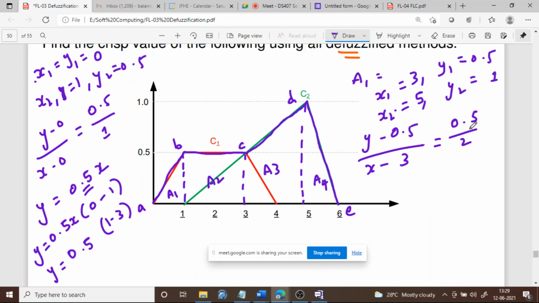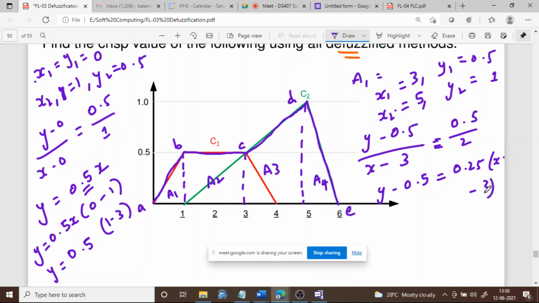So 0.5 by 2 is 0.25, right? So y minus 0.5 is equal to 0.25 into x minus 3.